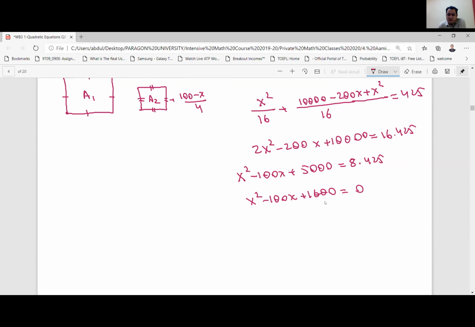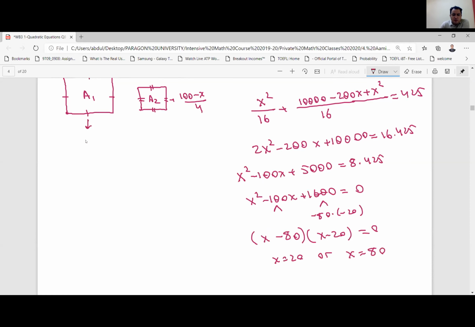That is minus 80 times minus 20, that is 1,600, and the sum is 100. So we can factorize it as (X minus 80) times (X minus 20), that's equal to 0. So X equals 20 or X equals 80.